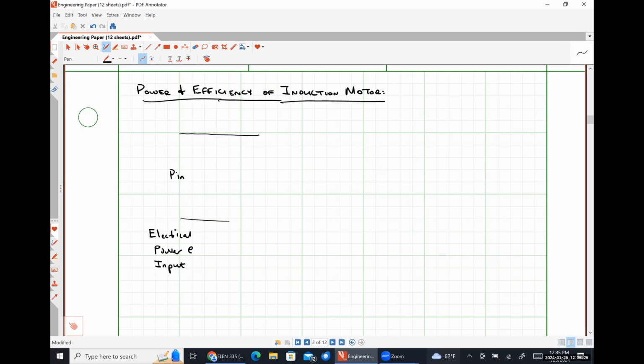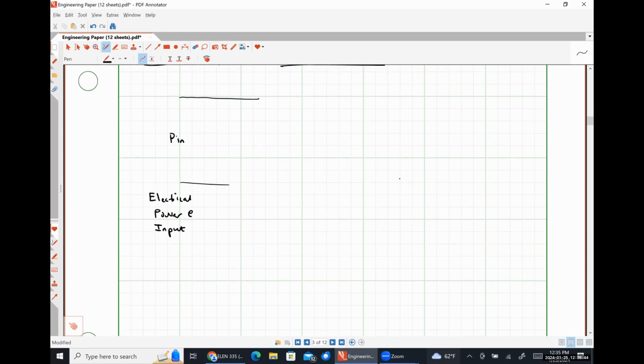We know that we are going to incur some losses on the stator side of the device, right? We know for sure that we have some amount of copper losses because our stator windings are going to heat up when we pass current through them. So I'm going to depict that with an arrow flowing down like so.